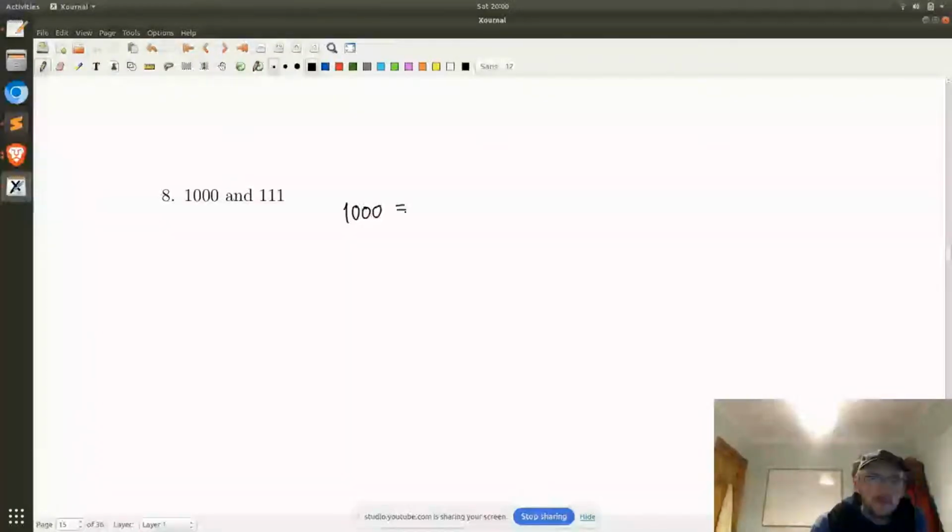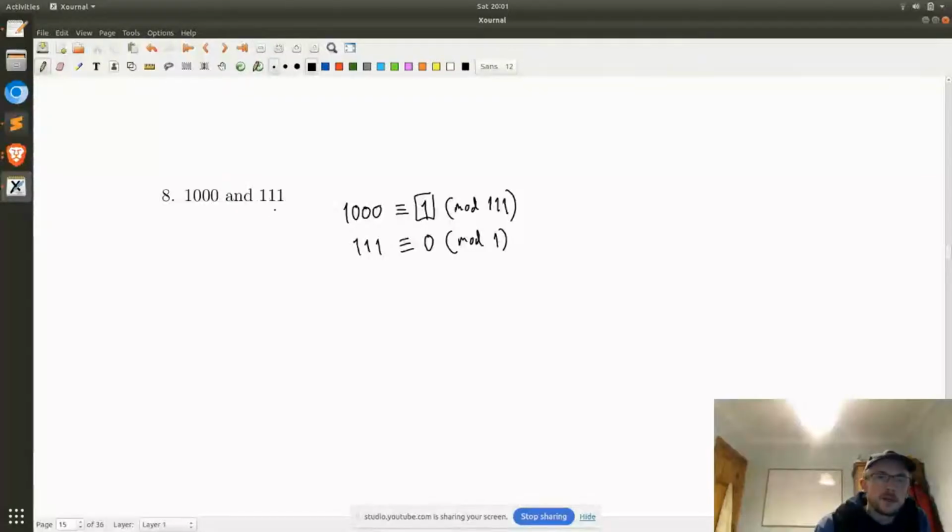So 1000 is congruent to 1 modulo 111. 111 is congruent to 0 modulo 1. And so the GCD of these numbers is 1, and so they are co-prime.